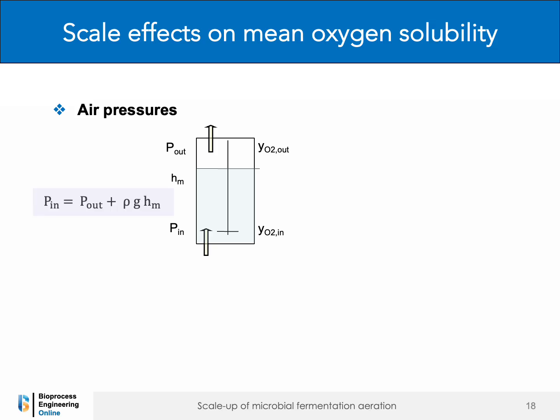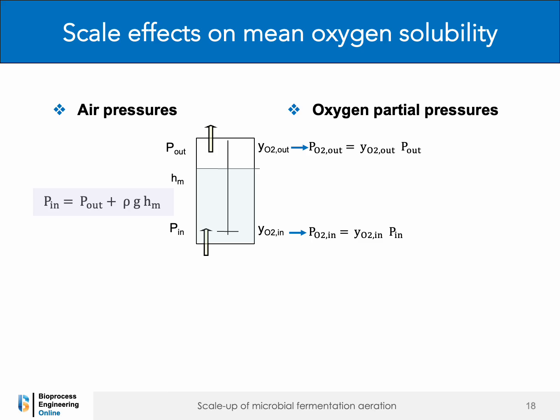This pressure difference is given by the hydrostatic relation, P in equals P out plus rho g HM, where P in is the inlet air pressure at the bottom, P out the outlet air pressure at the top, rho the medium density, g the gravitational acceleration, and HM the medium height.